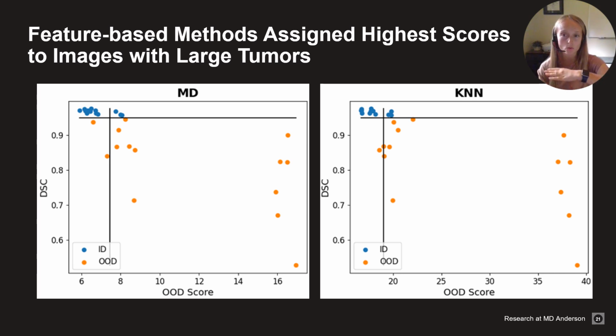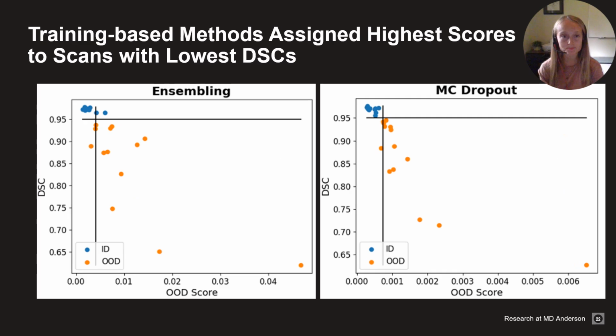Something interesting when you're looking at these feature-based methods is that they assigned 6 images by far much larger distances than the other images in the training data set. This is on the MRI UNETR model. It turned out that all 6 of these images had very large tumors, something that was not present in the training data set.